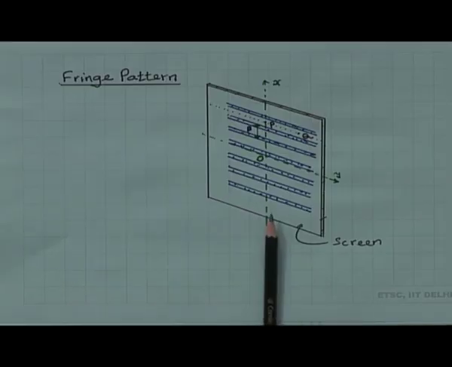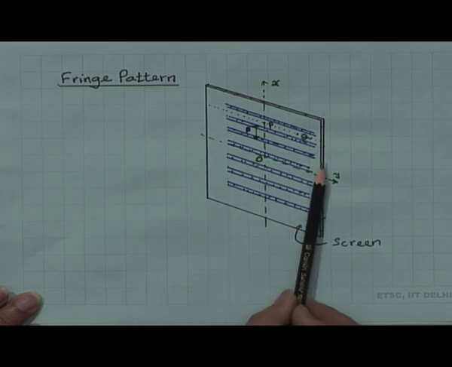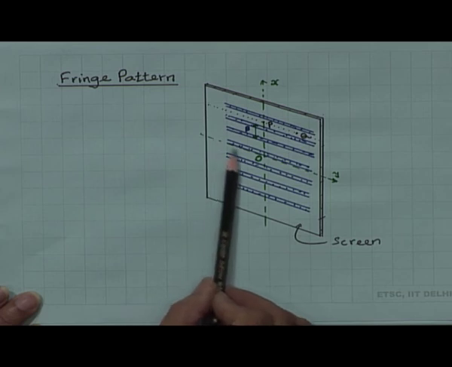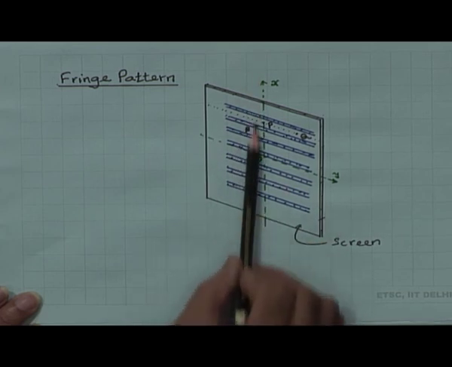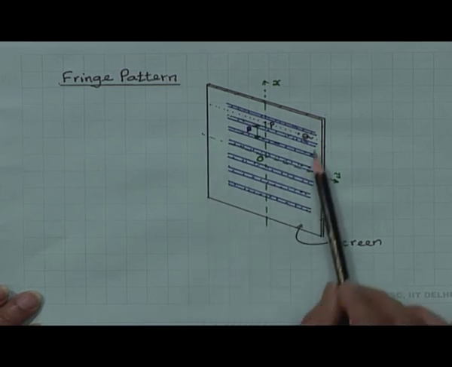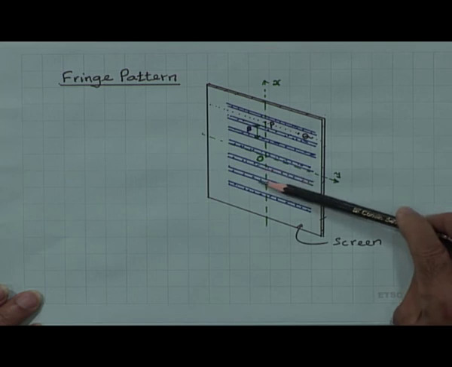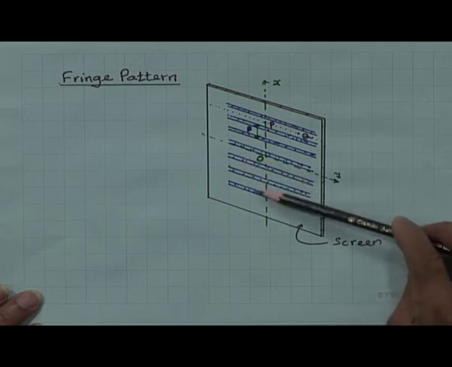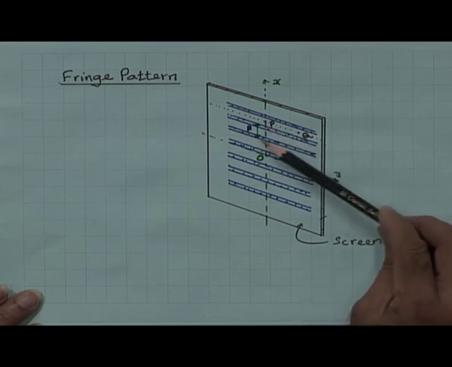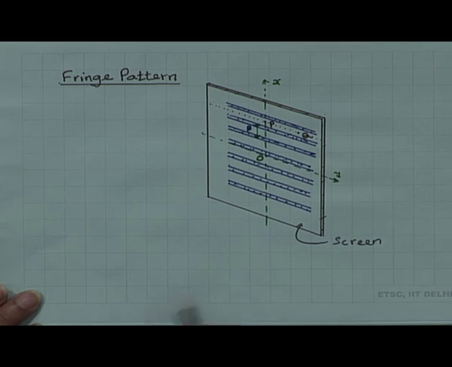Along the x axis, the loci of constant path difference are x equal to constant, straight lines parallel to the y axis or perpendicular to the x axis. This is the type of fringe system that we will see, and the separation between these bright lines is called the fringe width beta. Beta is the separation between the bright points.